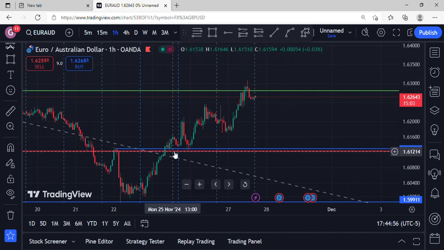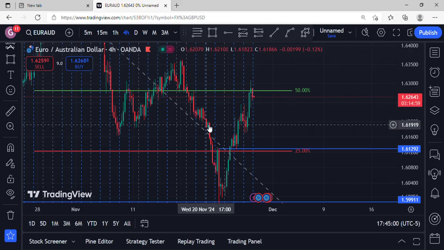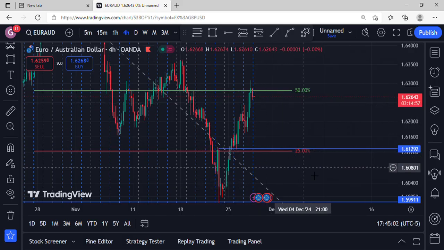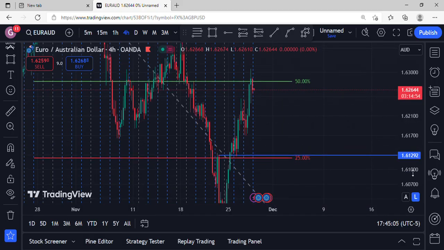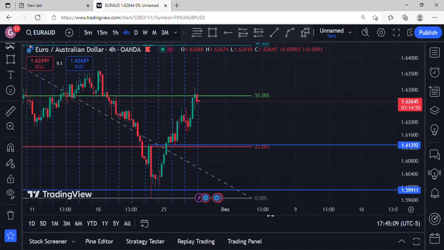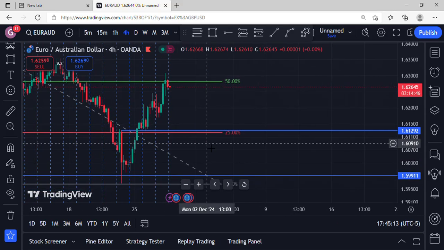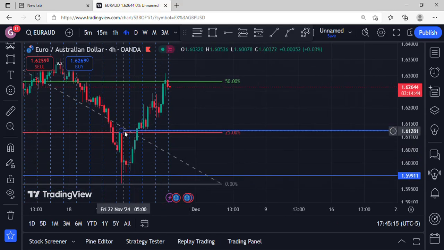Then see, going back into the 4 hour, I want to establish something. So going back into the 4 hour, we see that the high of that order block is right here.